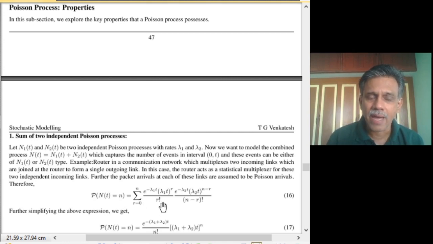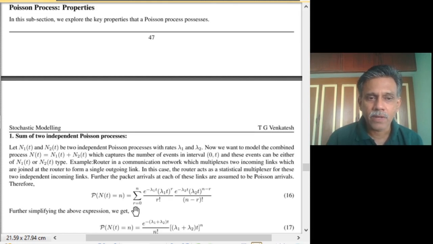And because the arrivals in n1 and n2 are independent, we can make use of this condition to arrive at the probability. It is the sum of all the probabilities of these mutually exclusive events. Each is mutually exclusive.